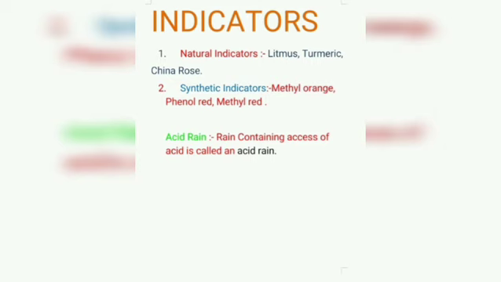Now let's talk about acid rain. Rain containing excess of acid is called acid rain. The rain becomes acidic because carbon dioxide, sulfur dioxide and nitrogen dioxide dissolve in raindrops to form carbonic acid, sulfuric acid, and nitric acid, respectively.